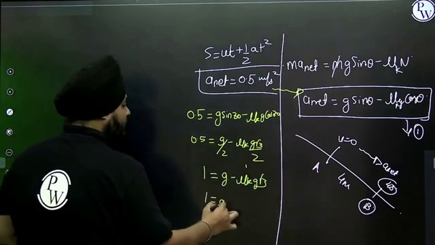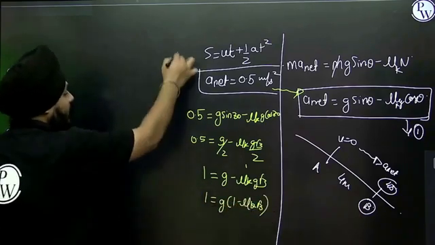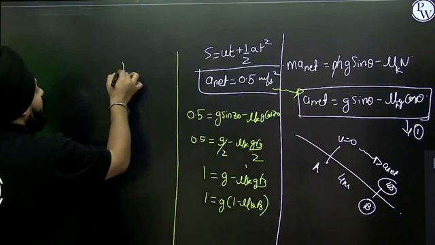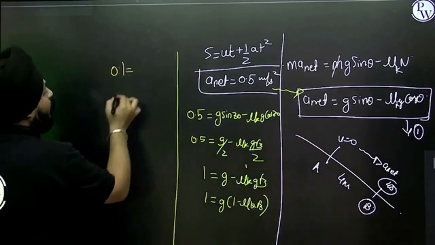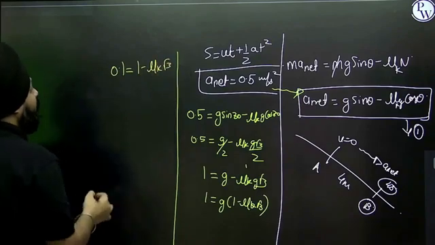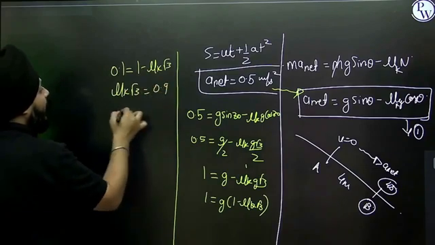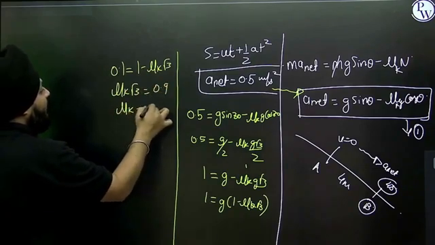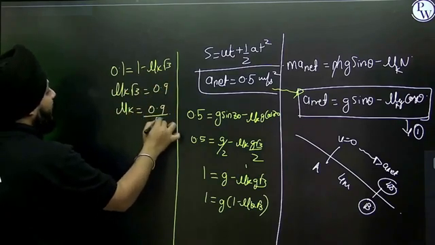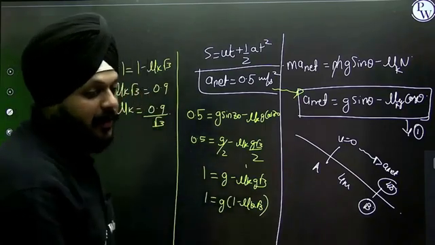So 1 is equal to g times 1 minus mu k root 3. So 0.1 is equal to 1 minus mu k root 3. So mu k root 3 is equal to 0.9. So mu k is equal to 0.9 divided by root 3.